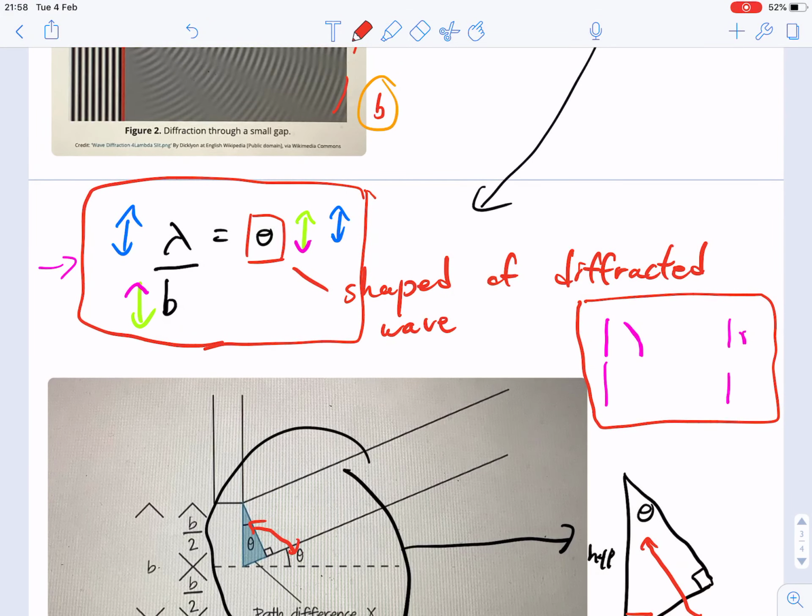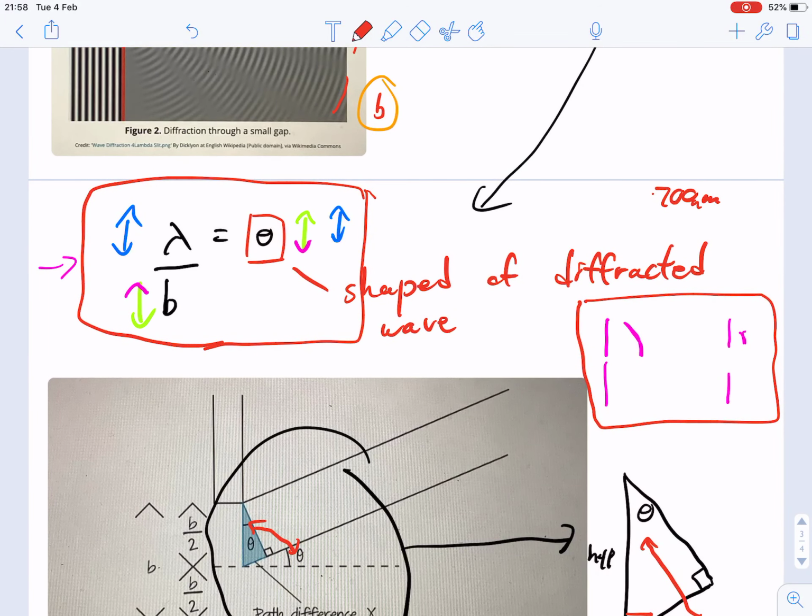As the wavelength increases, the angle also increases. So for example, quick little test here, 700 nanometers is red light, and on the other end we have 400 nanometers, which is violet.